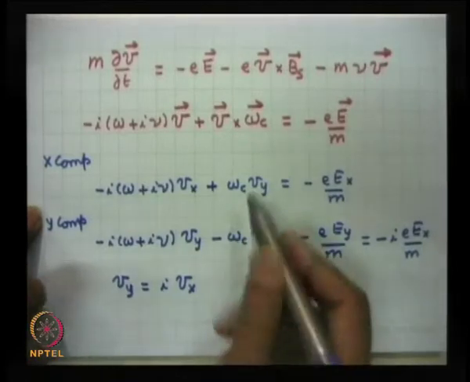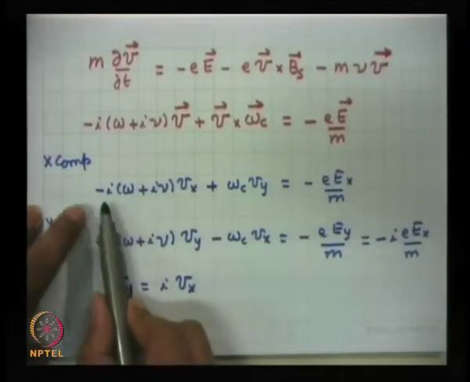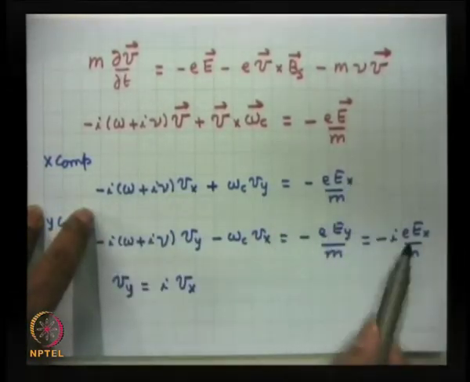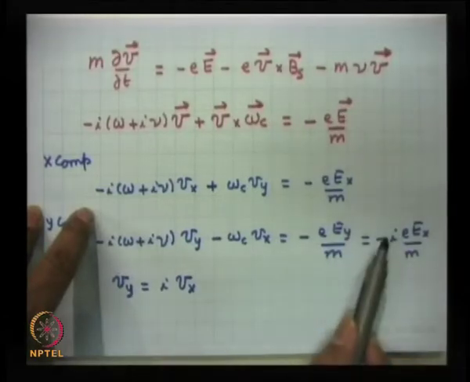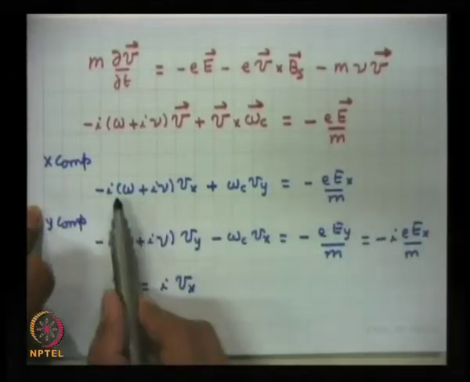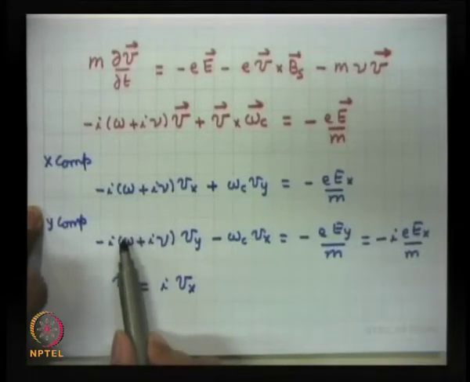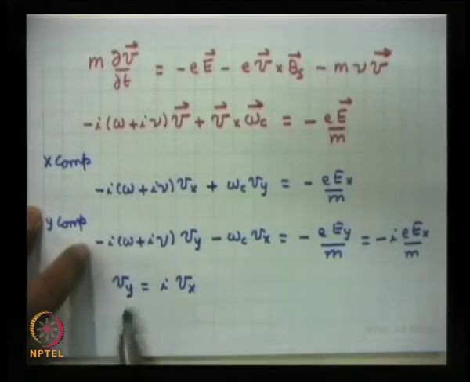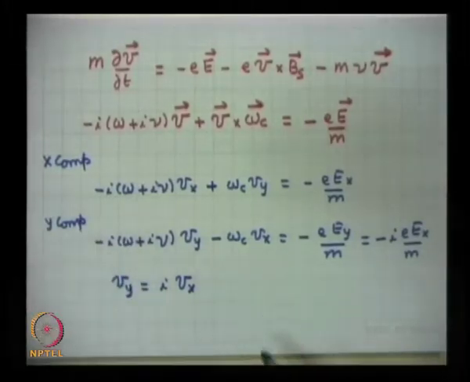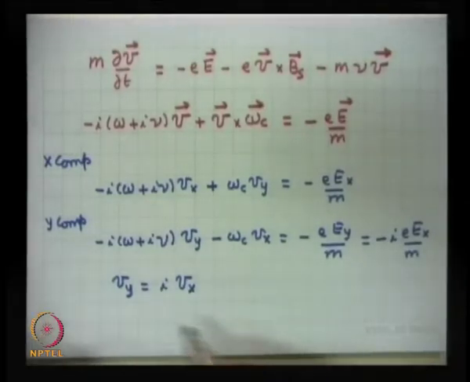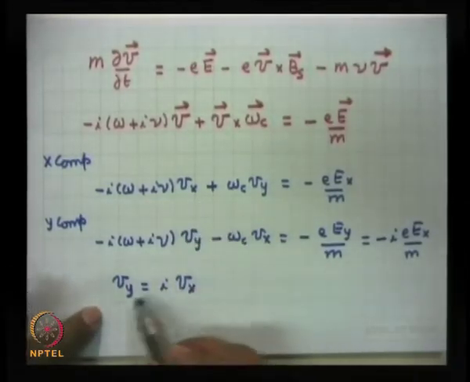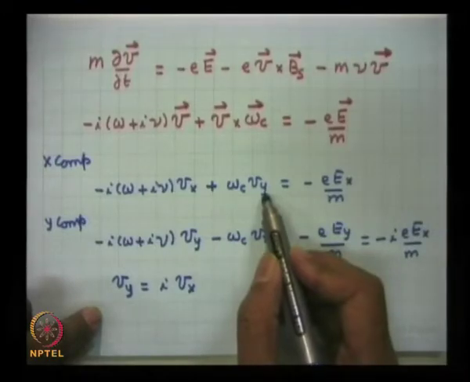These two equations, when you multiply the first by i, have the same right hand side. So, multiply the first equation by i and subtract the second, and you will immediately see Vy is equal to iVx.